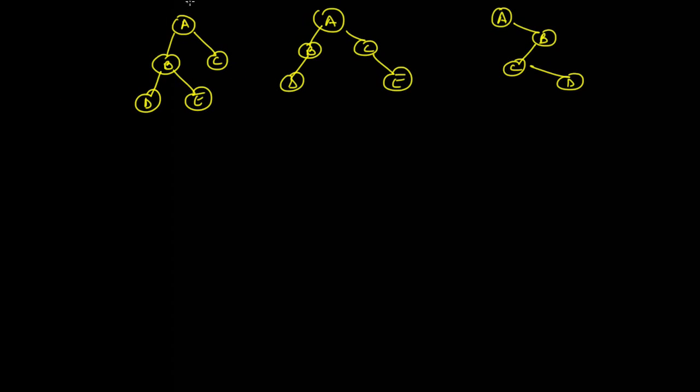So if you see every node, the structure of a node is like this. So struct node, we are having struct node star left. Then we are having, for example, character data. Then we are having struct node star right.